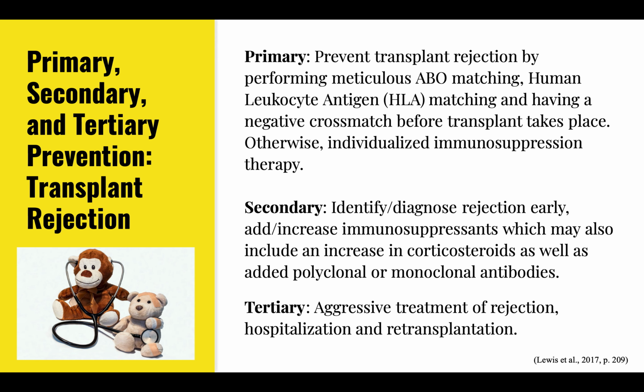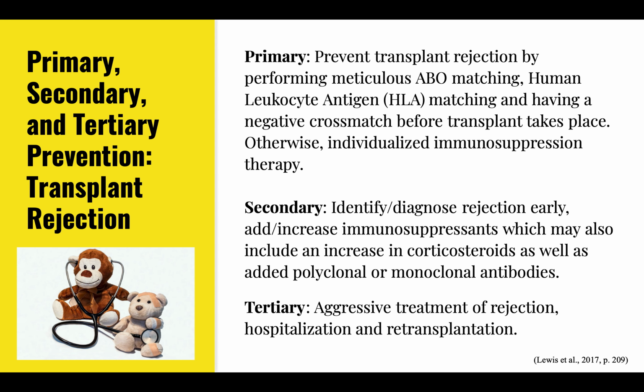The primary prevention for a transplant rejection would be to perform meticulous ABO matching, human leukocyte antigen matching, and have a negative cross-match before the transplant takes place. Otherwise, individualized immunosuppression therapy post-transplant.